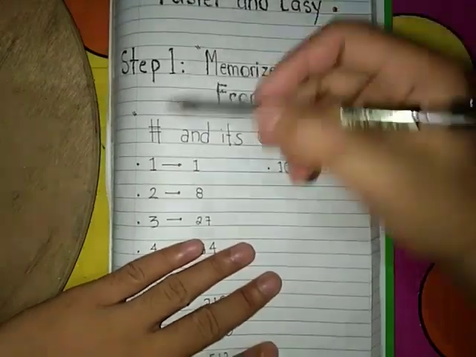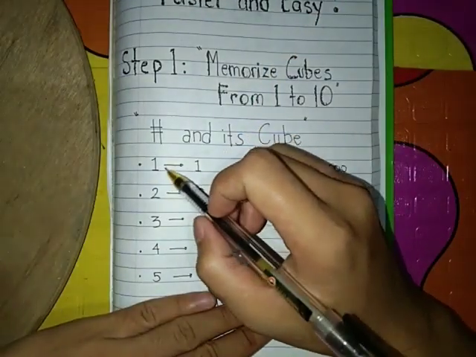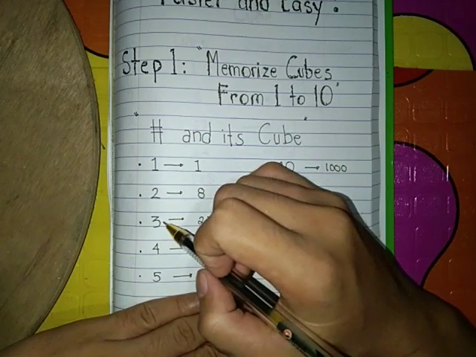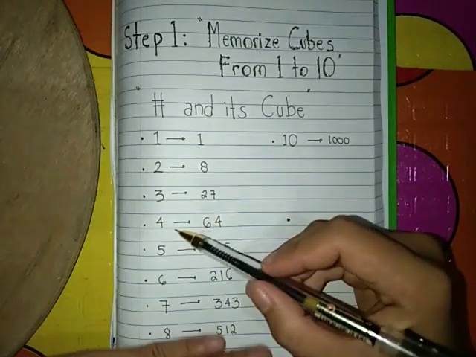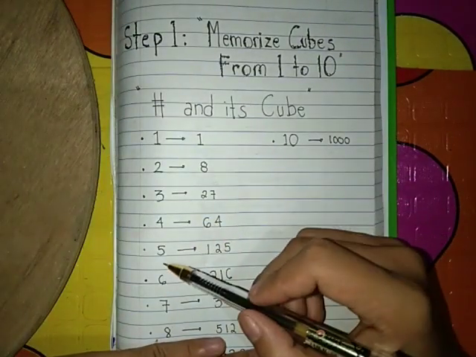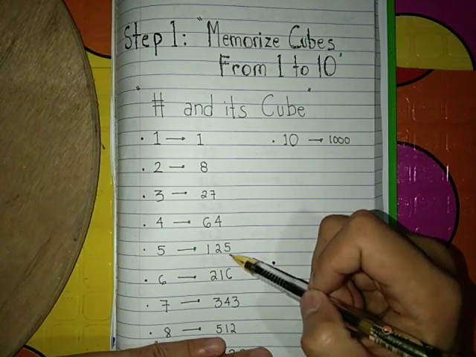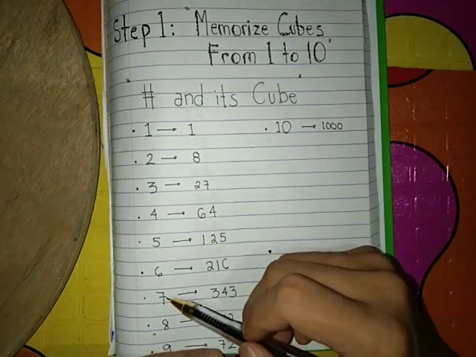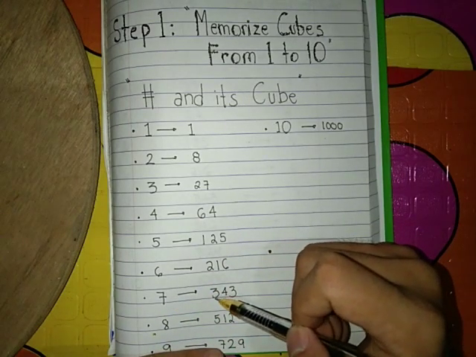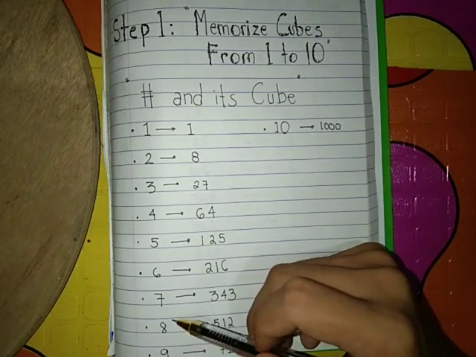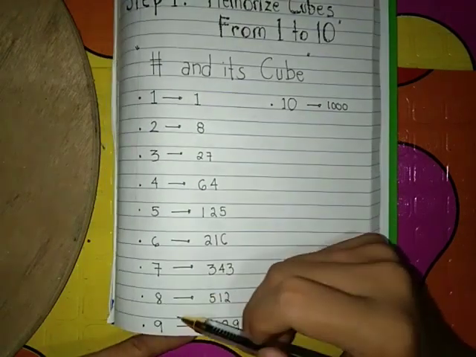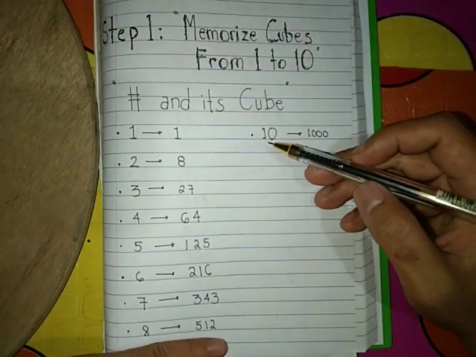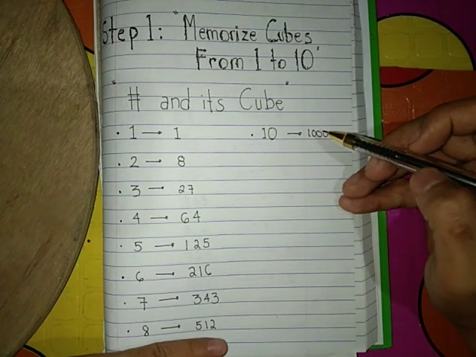For example, the cube of 1 is 1, the cube of 2 is 8, the cube of 3 is 27, the cube of 4 is 64, the cube of 5 is 125, the cube of 6 is 216, the cube of 7 is 343, the cube of 8 is 512, the cube of 9 is 729, and the cube of 10 is equal to 1000.